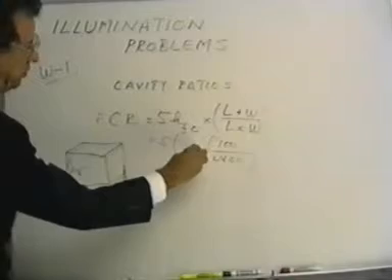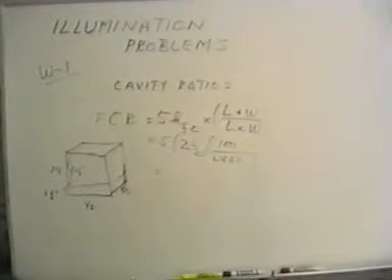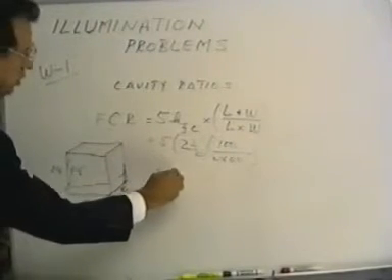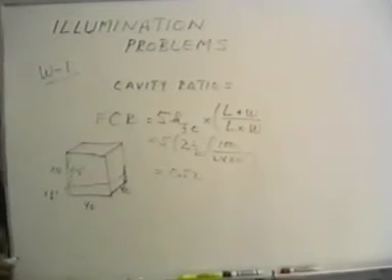So this would be 2.5 feet, or the 30 inches that a working surface is normally considered above the floor. When you do this calculation, you get 0.52 for the FCR. So the answers are: room cavity ratio, 4.48; ceiling cavity ratio, 0; and floor cavity ratio, 0.52.